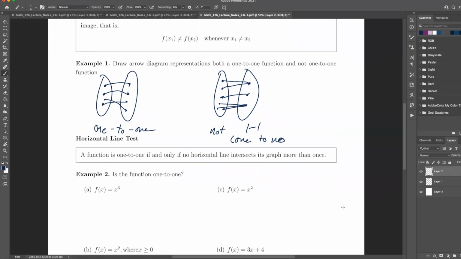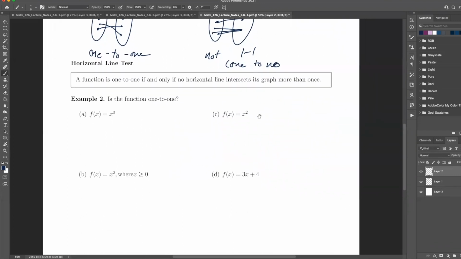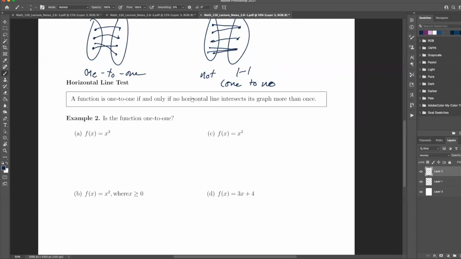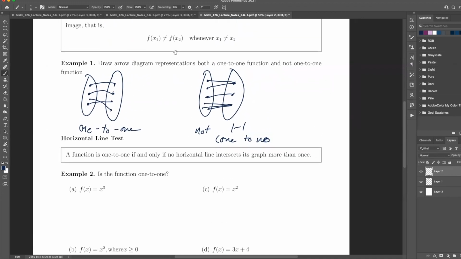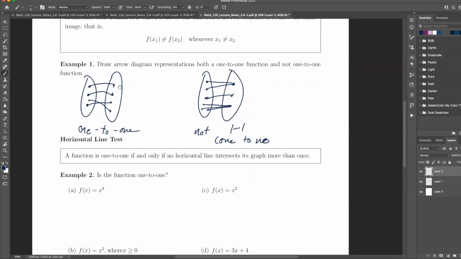So a one-to-one function just means nothing gets sent to the same element. If one of the function values is 2, none of the other function values is 2. If one of the function values is 3, none of the other function values are 3.